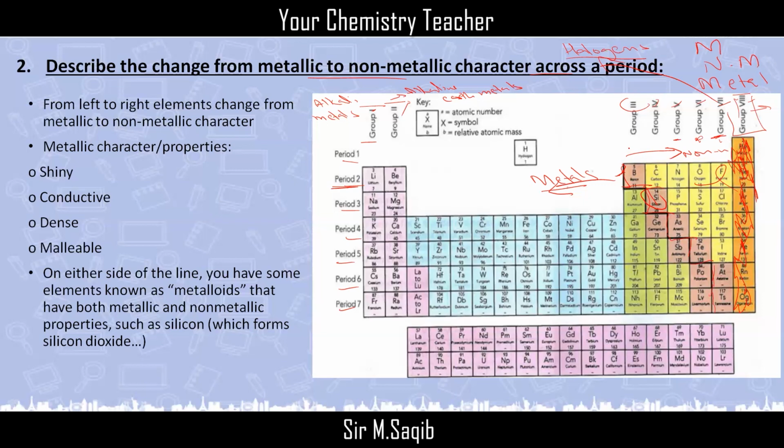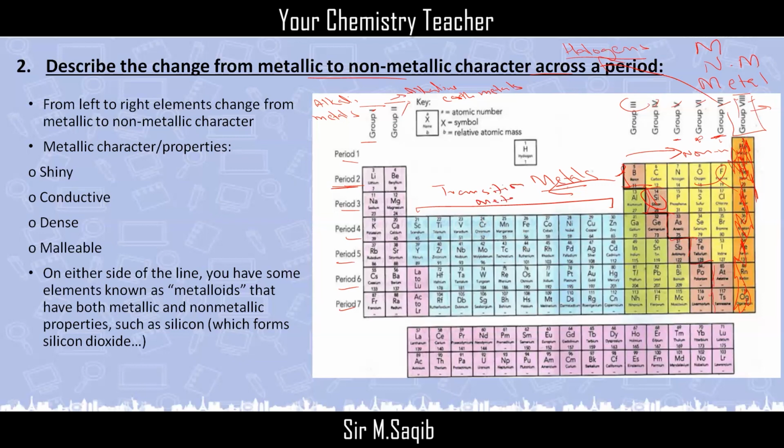So on the left side of the periodic table we have metals, and on the right side we have non-metals. All these elements colored in blue are also metals, because they are on the left of the periodic table, but they are called transition metals.